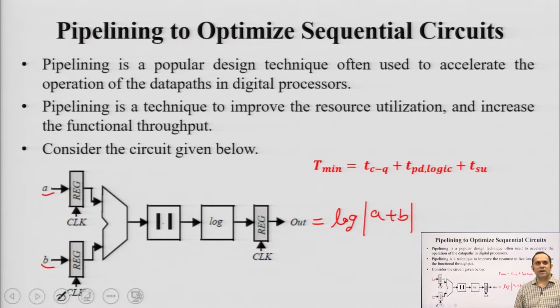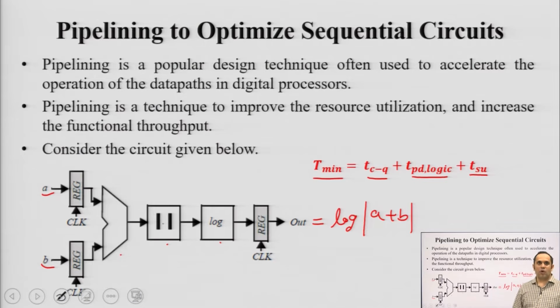It has three stages: an addition stage, another stage which takes the absolute value, and another stage which calculates the log. So, it has three combinational logic stages. The minimum clock period required for reliable operation takes the propagation delay for the signal to reach the output, plus the setup time, plus the worst case logic delay.